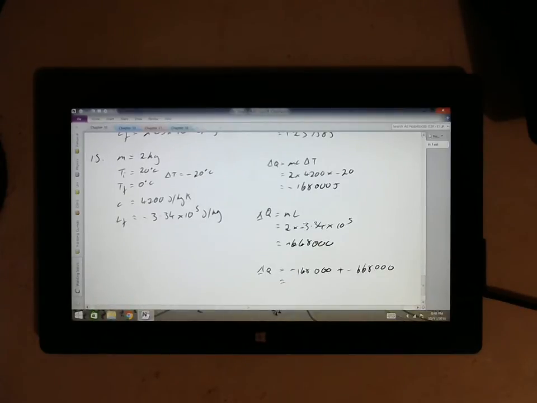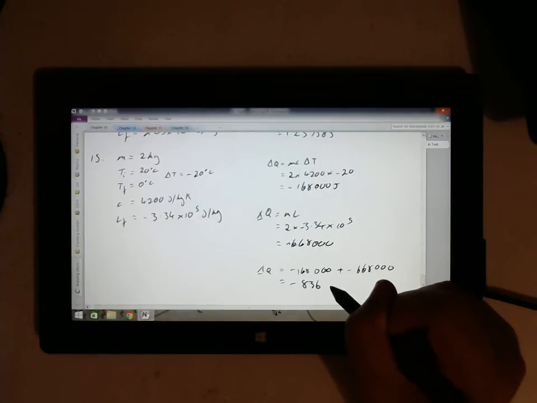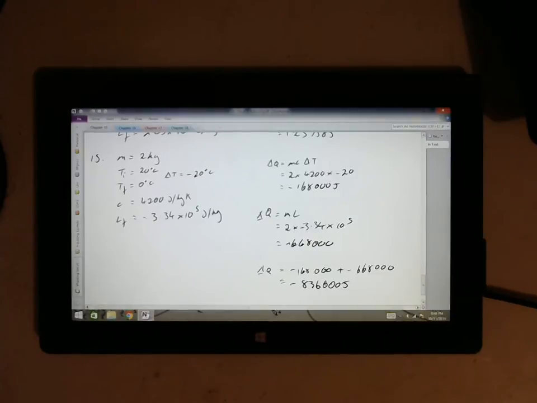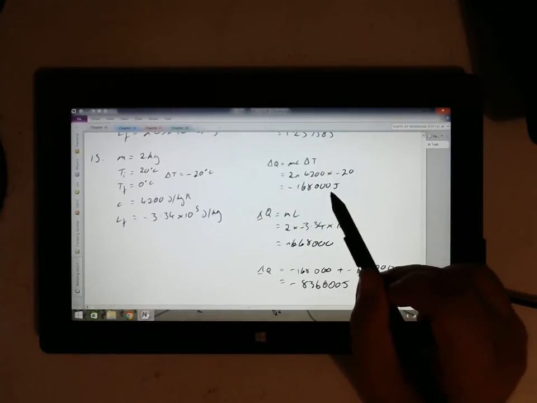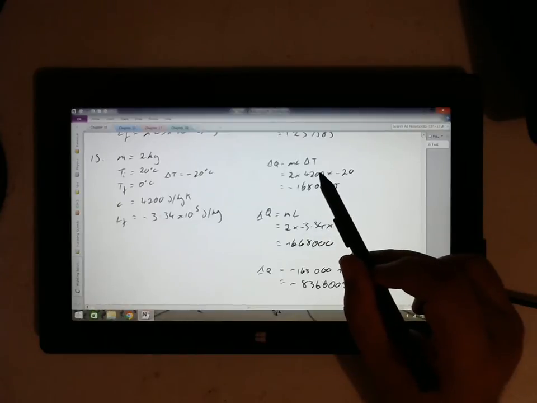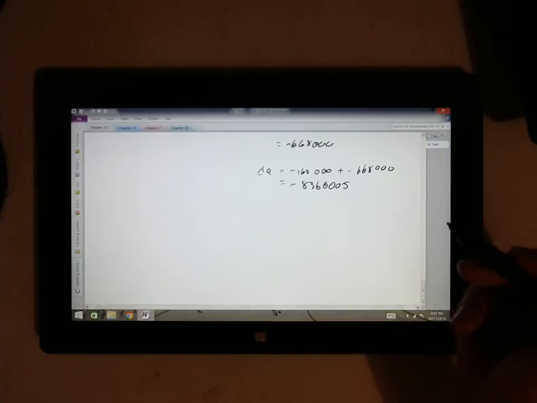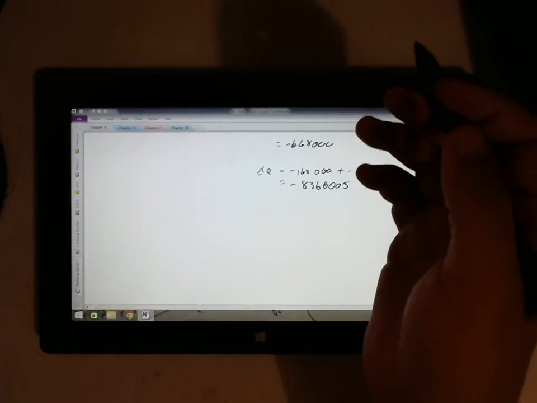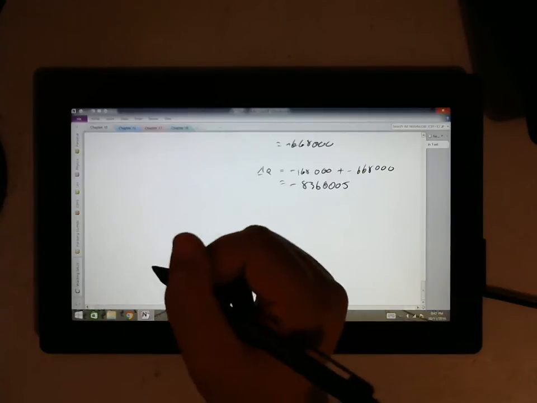So we end up with an answer of negative 836,000 joules. And we can see in terms of proportion, most of that came from the freezing period. Not a lot actually came from the cooling down, even though water has a much higher specific heat capacity than most substances. In this regard, it was still mostly the phase change that took out the energy.